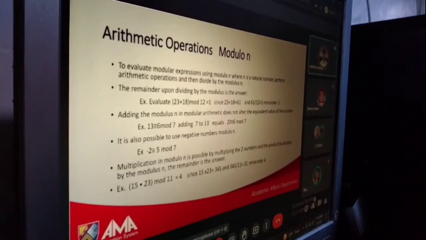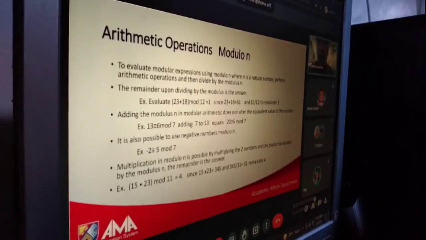Maliwanag. Ano pa? Bukod sa 20 is congruent to 6 with the modulo 7, ano pa yung equivalent value niya? Pwedeng maging 27. No, 27 is congruent to 6 with the modulo of 7. Maliwanag?